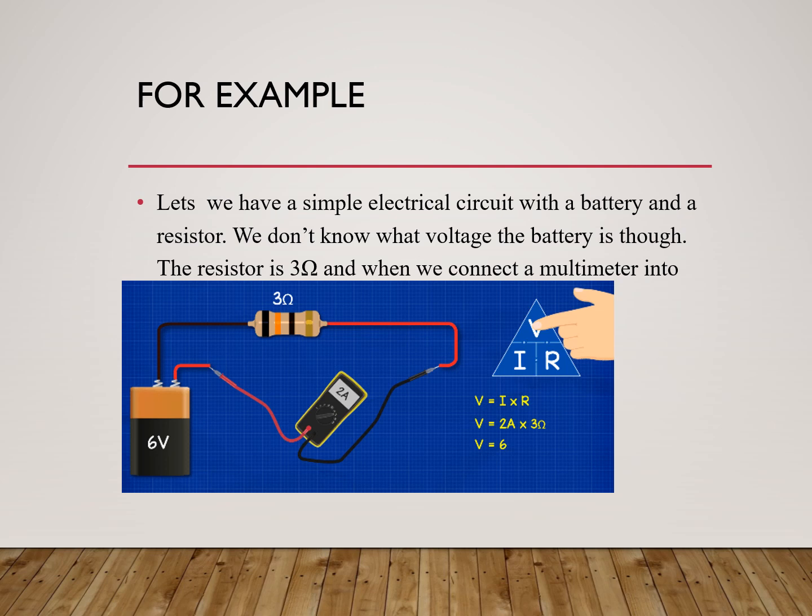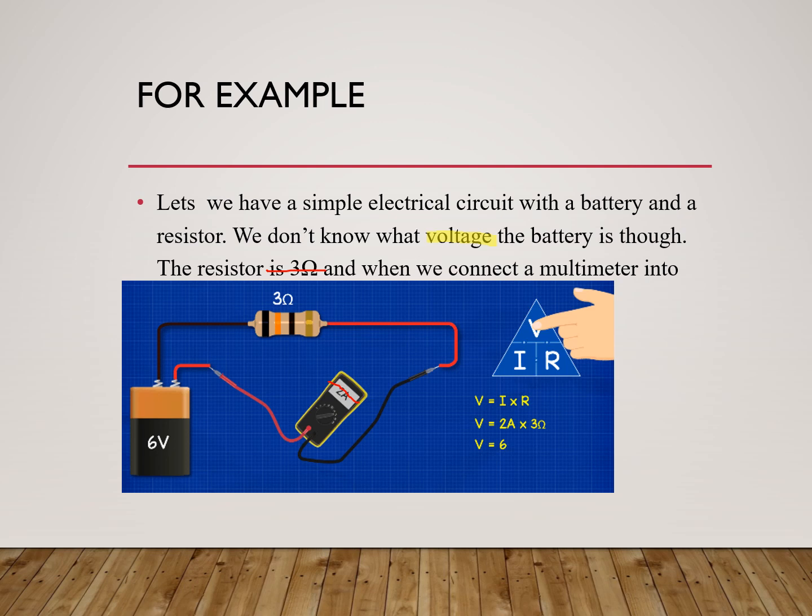So the resistor value is 3 ohms and the current is 2 amps, and we want to calculate the value of voltage.